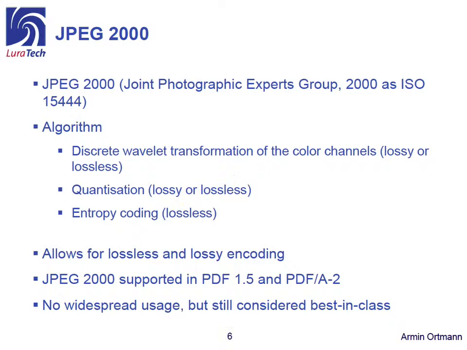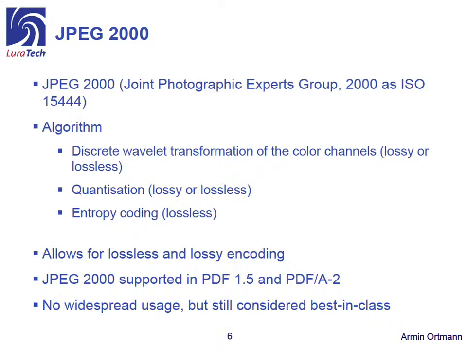They are quantized, so if you have a lossy process, you would just simply choose less values in the quantization, and then they are put through an entropy encoder, which would take care that consecutive values that are same or similar can be compressed very efficiently. The important thing is you can have it both in a lossless and lossy fashion. So as opposed to standard good old JPEG, this can be used losslessly or lossy.